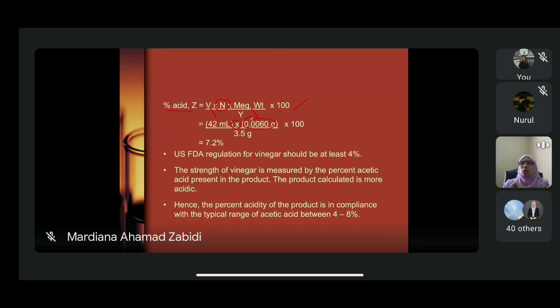Jadi untuk soalan macam ni, you simply masukkan value 42 milliliter times by 0.006 gram of acetic acid. Okay, divide by 3.5 times by 100. Alright, so the percentage is 7.2. Okay, so ini baru the first part untuk soalan yang you kena calculate.